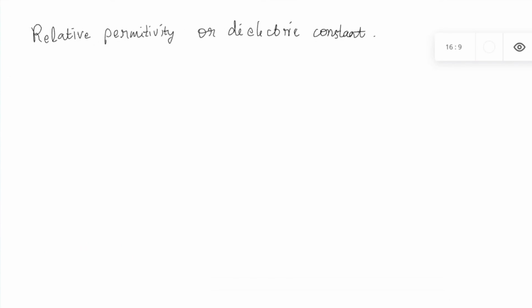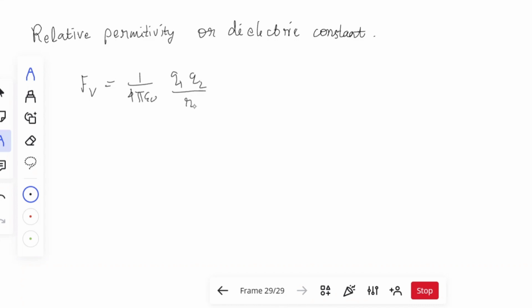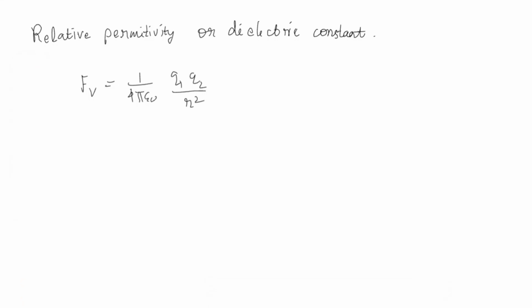In vacuum, the force between two charges is given by Coulomb's law. So the force between two charges in vacuum can be written as F v equals 1 by 4 pi epsilon naught Q1 Q2 by r square, where the two charges are Q1 and Q2 and the distance between them is r. This force depends on the distance between the charges and the permittivity of free space.